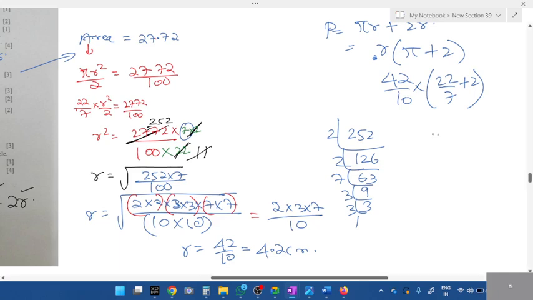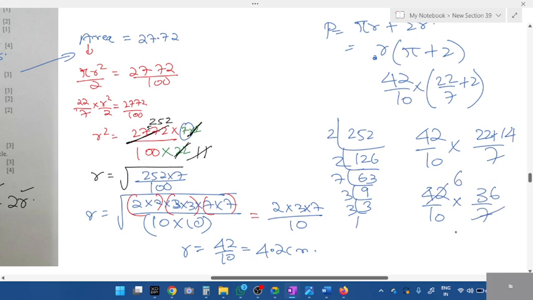Okay, when you take LCM, you get multiply 6 into 36 divided by 10. Use shifting method.